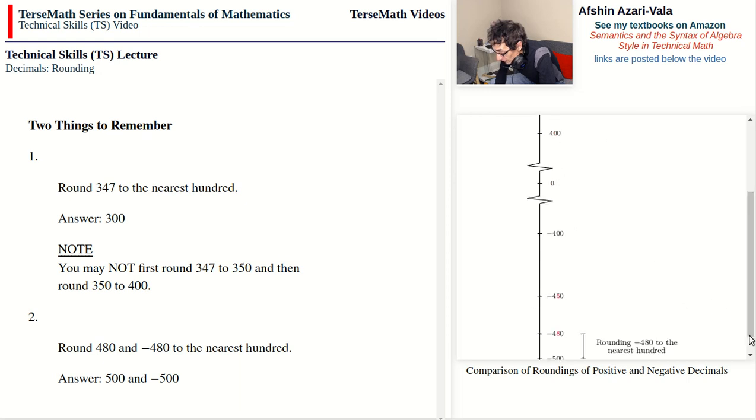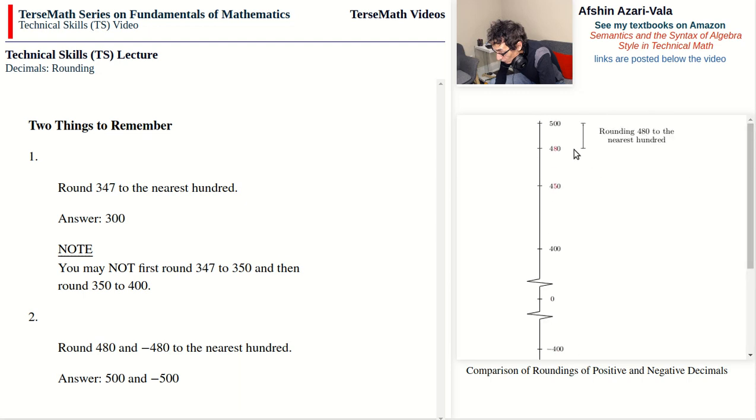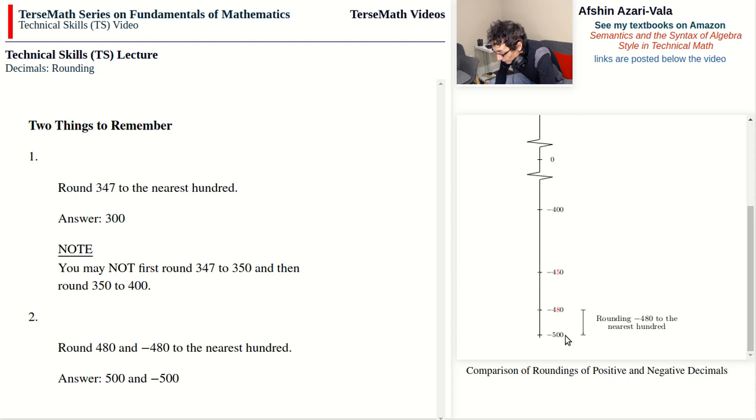Now if we go on the negative side, negative 480 is closer to negative 500 compared to negative 400. So you can see on the positive side we are closer to 500, and on the negative side we are closer to negative 500.